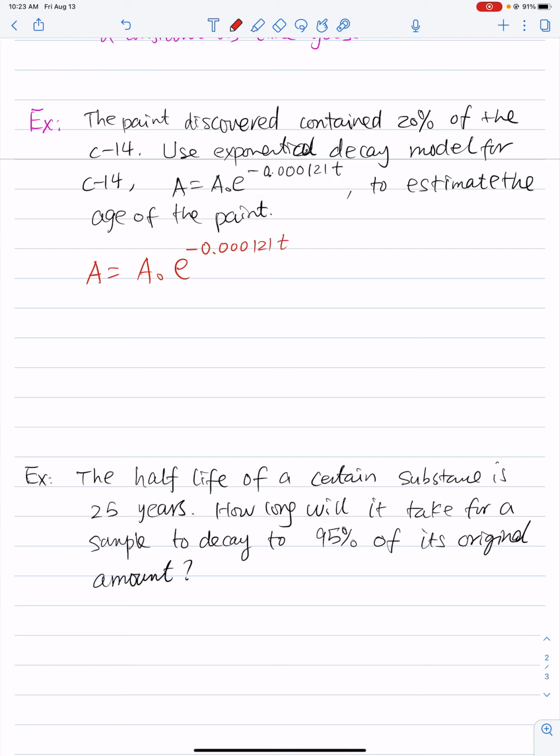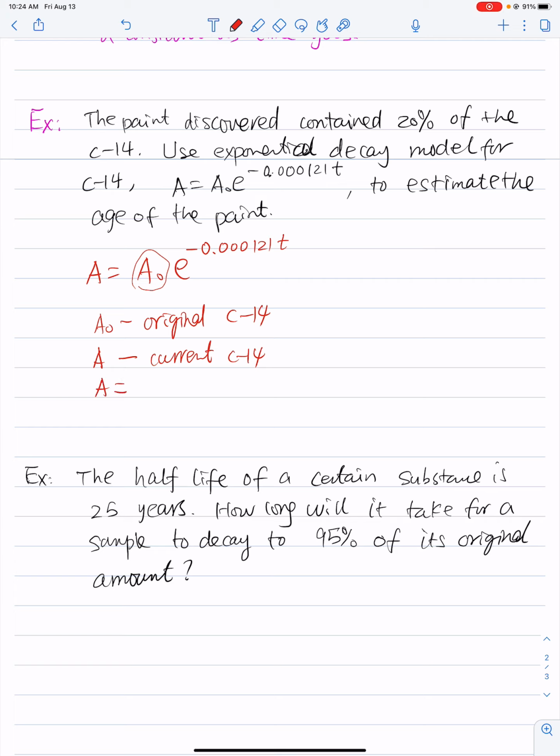Here A0 is your original carbon-14, and A is your current carbon-14.